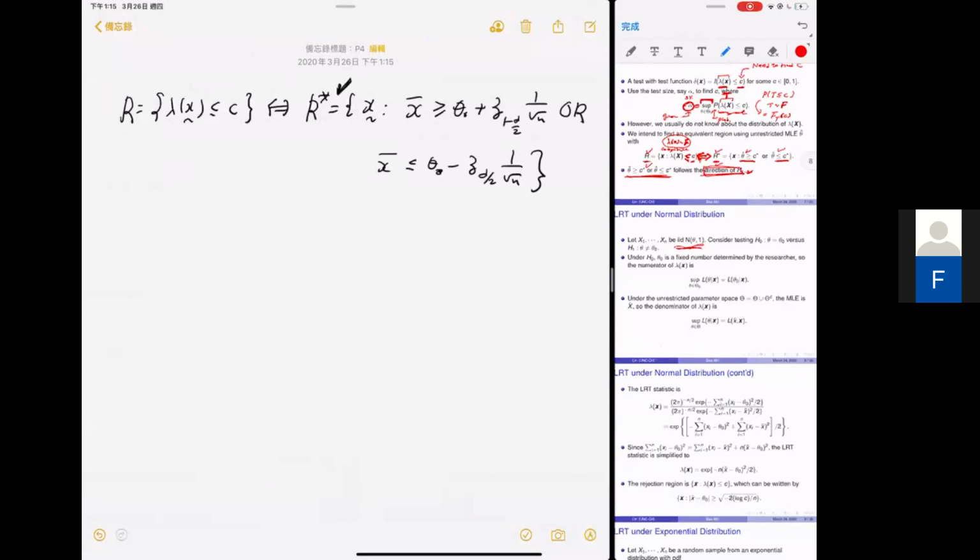Looking at this whole thing right here, what do we call it? We call it the one sample z test.